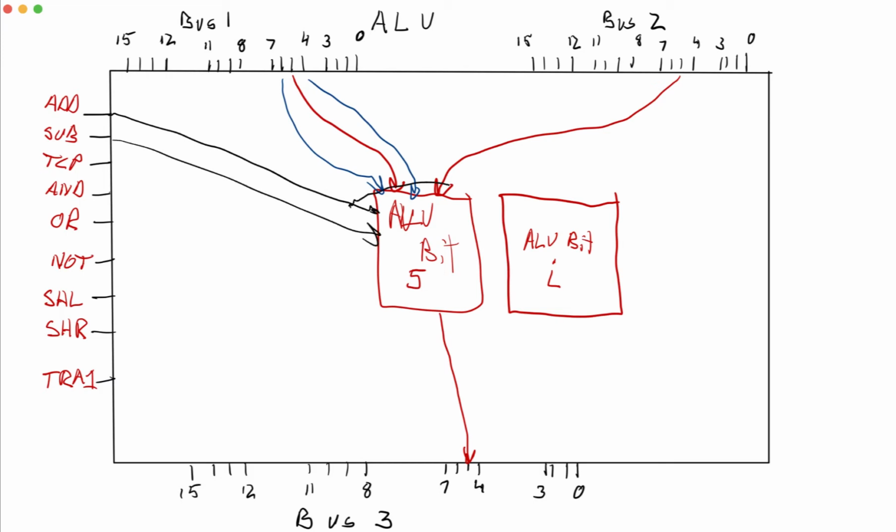Now these operations will also go to all 16 of them. So each one of these ALU bits is in charge of doing all 9 operations on a single bit. And for input, it needs to spy on the 2 neighbors, so it could do the shift left and shift right, but it's mostly going to focus on that single bit for bus 1 and that single bit for bus 2.